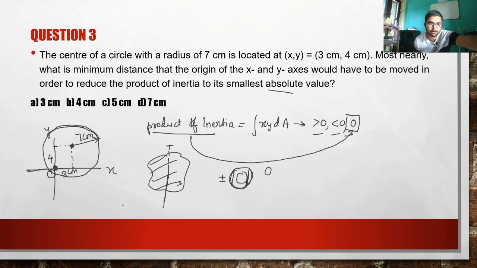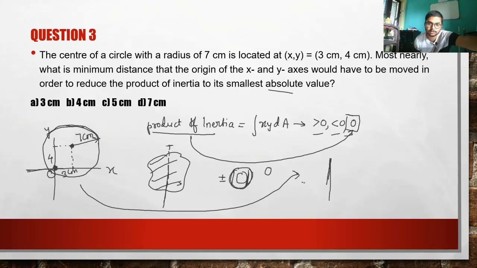Now there are 3 options for that. To have the product of inertia as 0, the origin can be moved in 3 different ways. First, the origin is moved 3 cm to the right side, along the x-axis. Then what happens?